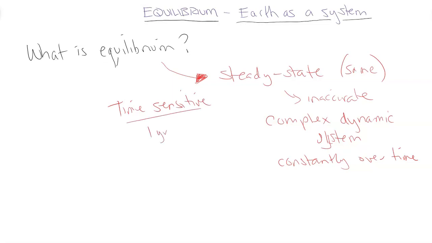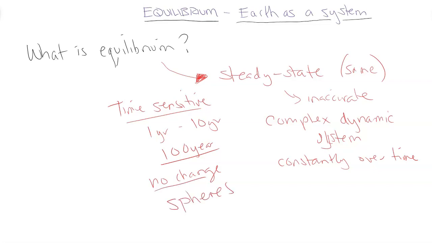Looking at one year, or let's say a decade, or a century, yes, there could be no change. And there could be seen to be a point of equilibrium between the spheres where there is limited change, or a small change, over time.